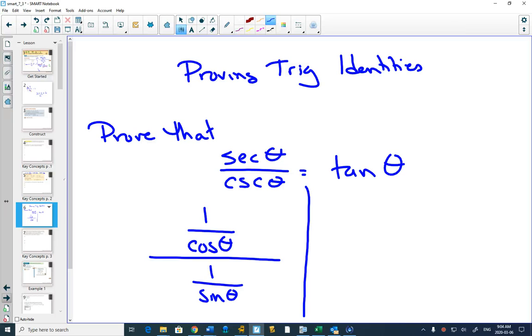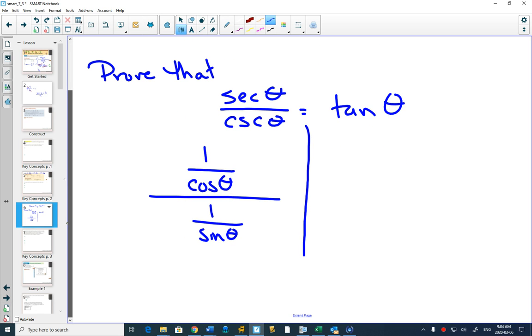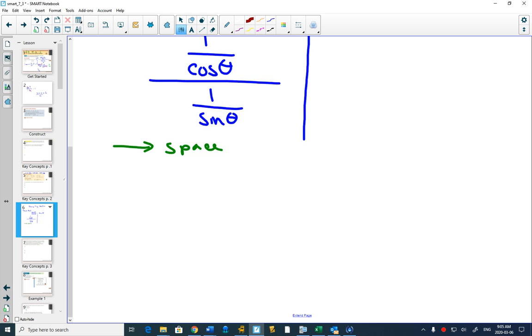Now I have a fraction divided by a fraction. So this idea that started at the beginning of this unit is going to come up lots in here. How do I do a fraction divided by a fraction? Multiply by the reciprocal. One of the things that you're going to notice when you're doing these, just for causing you to have less errors, put a little space before you write your next thing. Otherwise, it could all start to blend together and you might forget what's part of the question.